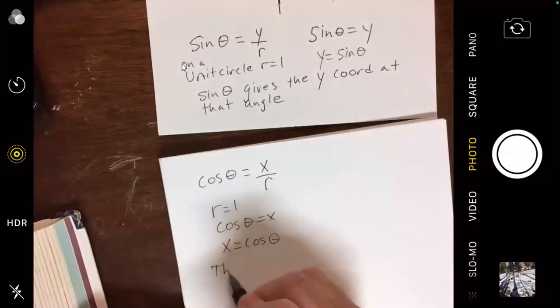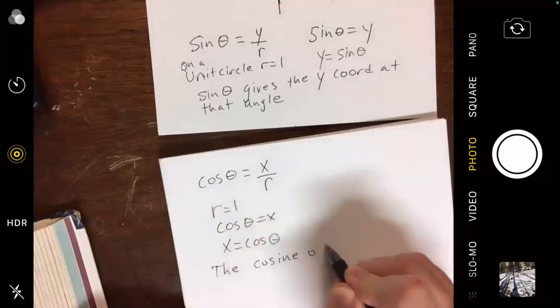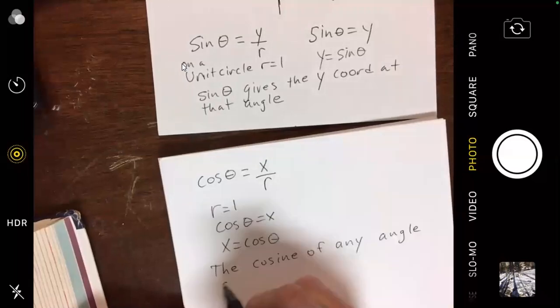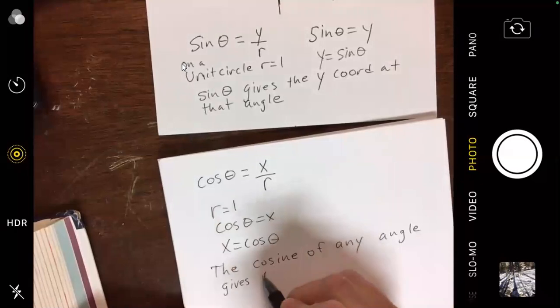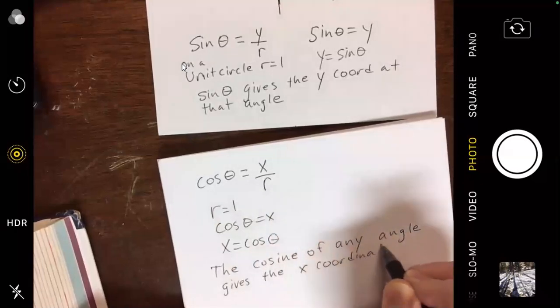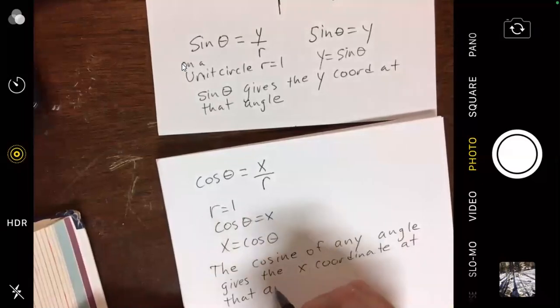So the cosine of any angle gives the x coordinate at that angle.